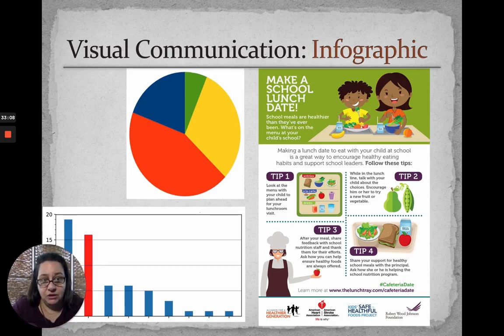These types of infographics take quite a bit of time to put together. However, there are some really awesome tools out there. I like to use Canva, but there are a lot of other things like that, and you can get free accounts that have templates for something like this, and then you can modify to your heart's content. They start out with, here's a template, and then you can change it. Before that, you were just dealing with a blank page or screen, and then you have to create something.